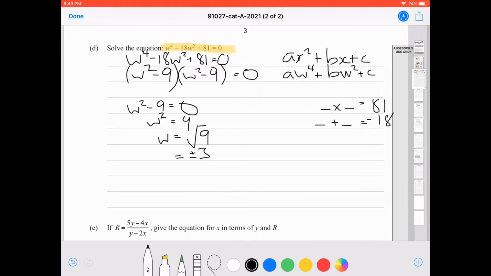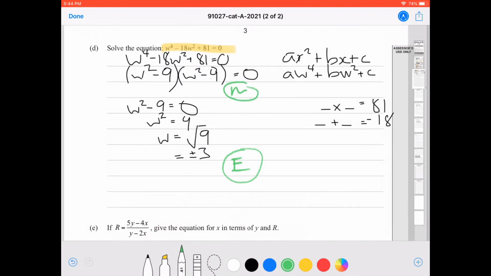Okay, this time we don't have to think about positives and negatives. Correct solutions, w equals 3 and w equals negative 3, gets you the excellence grade here. You'll merit correct factorization of the equation into quadratic factors. So this is your merit.